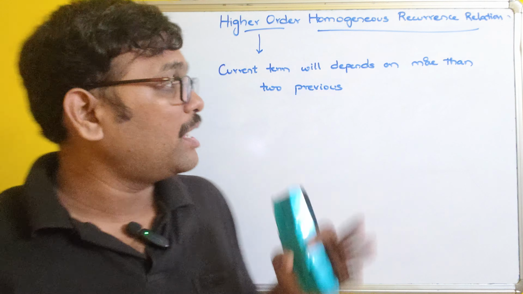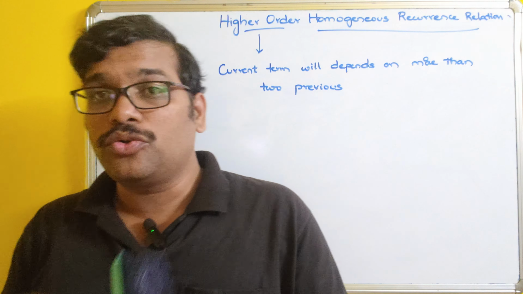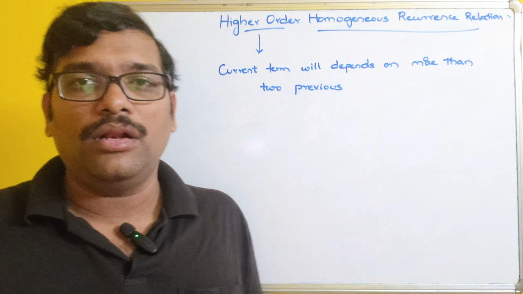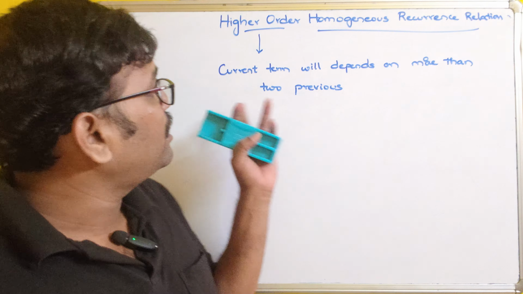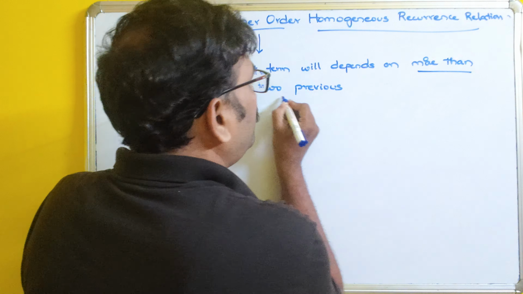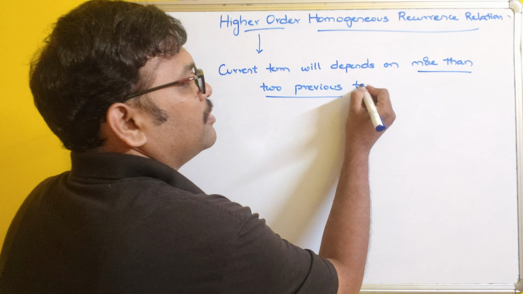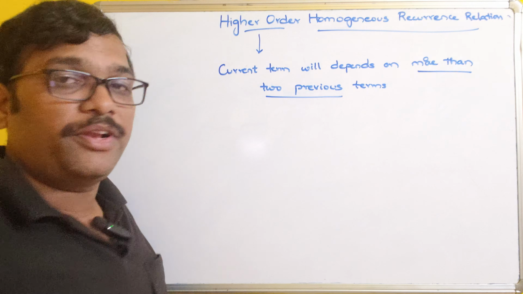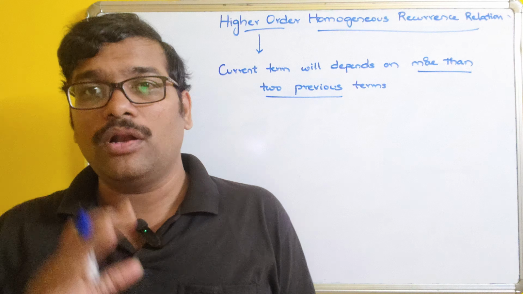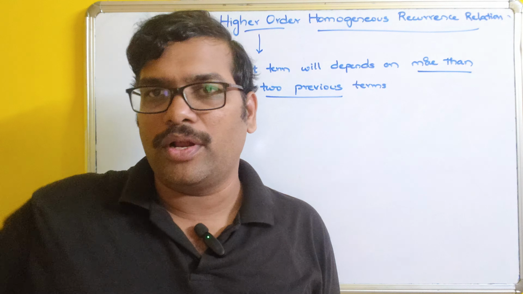If the current term depends on the previous two terms, then we call it a second order recurrence relation. And if the current term depends on more than two previous terms, then we call it a higher order. This may be third order, fourth order, fifth order, and so on.